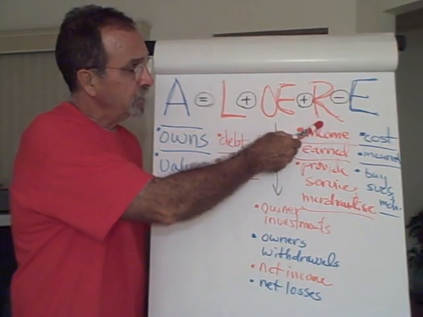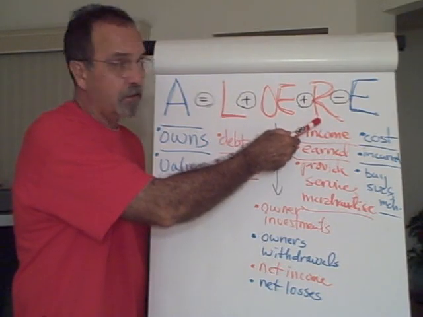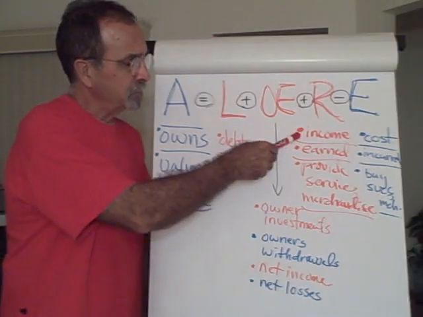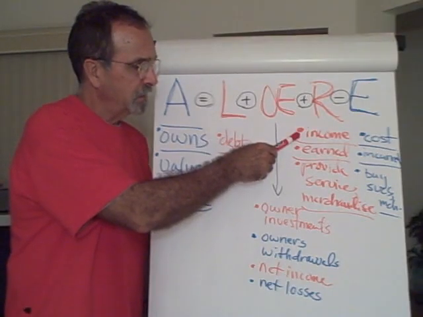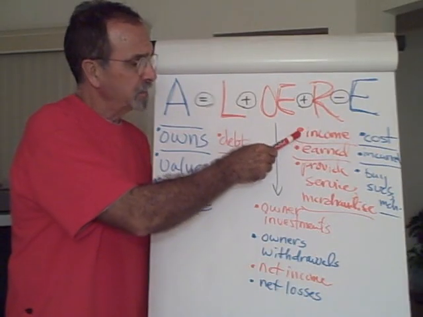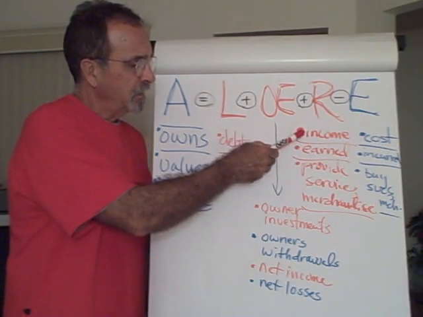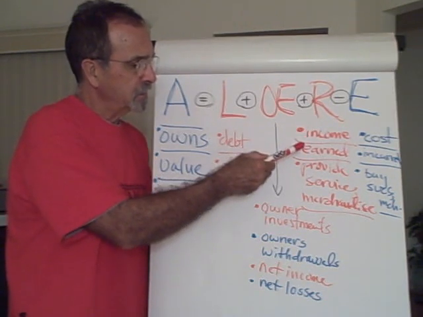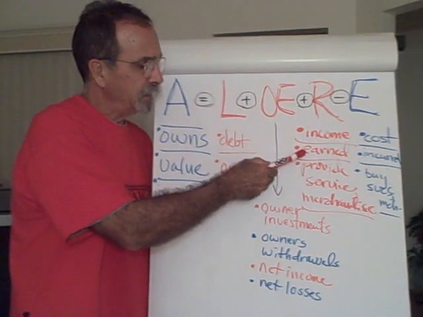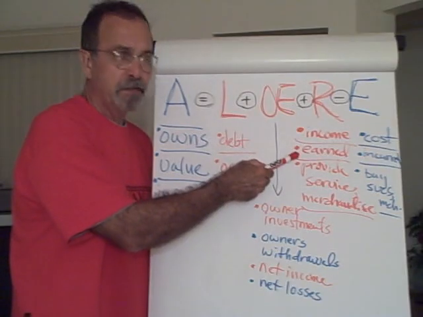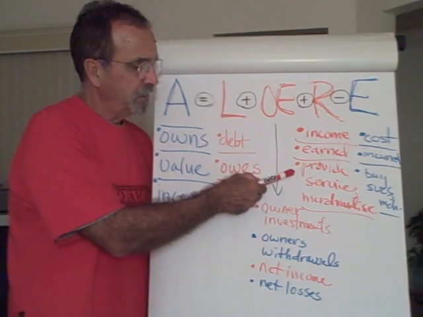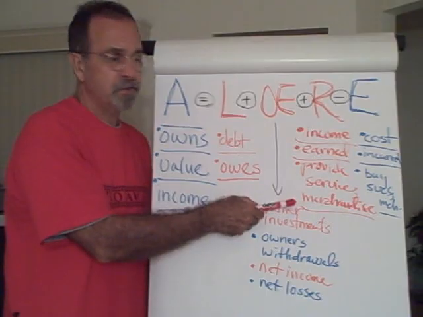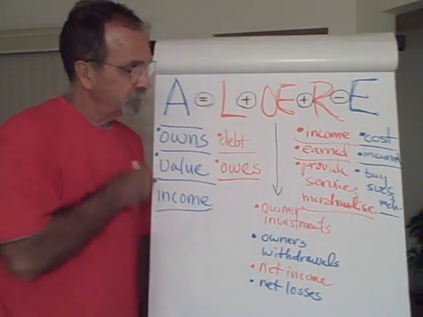Next category over is the big R, which is our revenue category. Another term for revenues, which is probably a bit more familiar, is income. And so revenues are our income. The income of the business is earned, and earned income is generally earned through the process of the business providing or selling services or merchandise, or a combination of both.